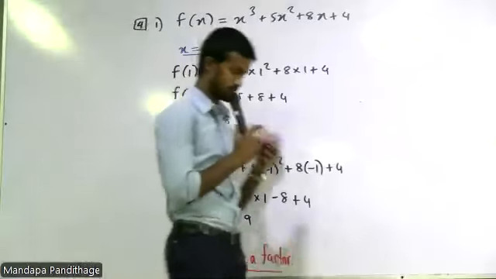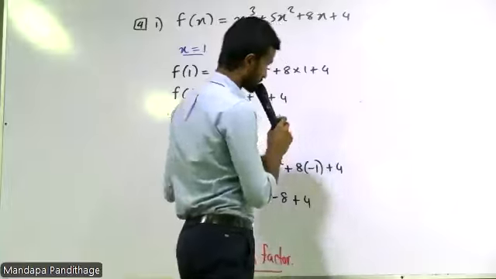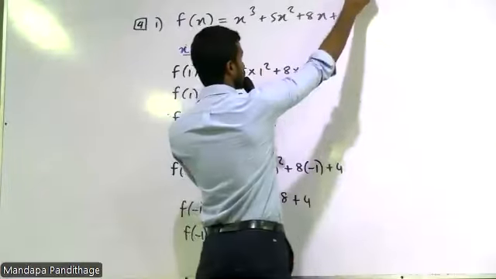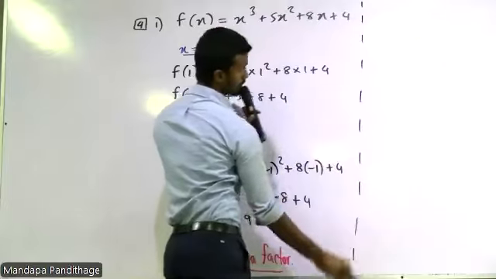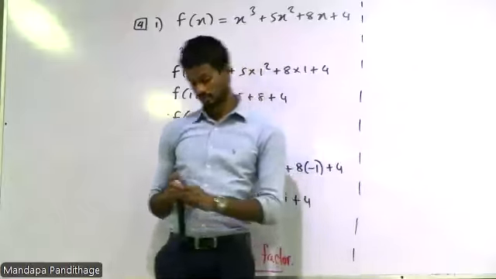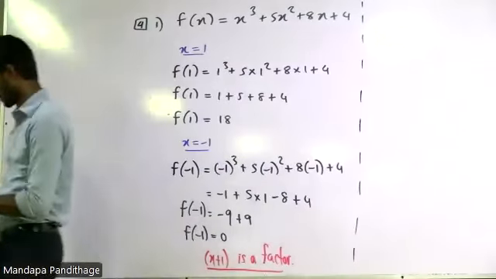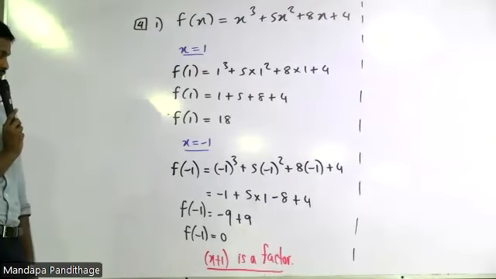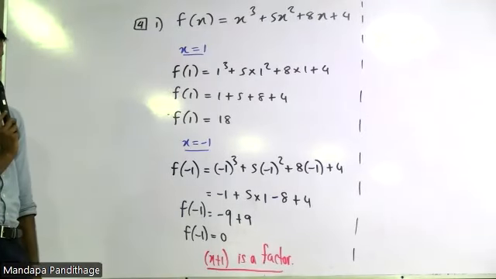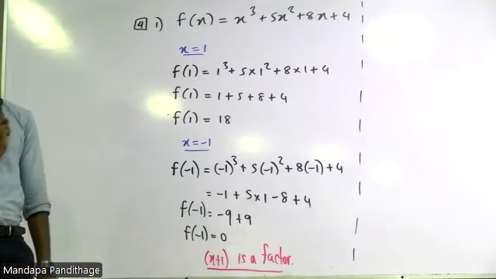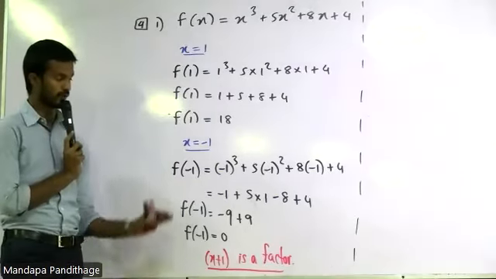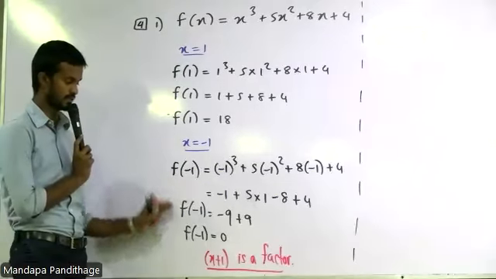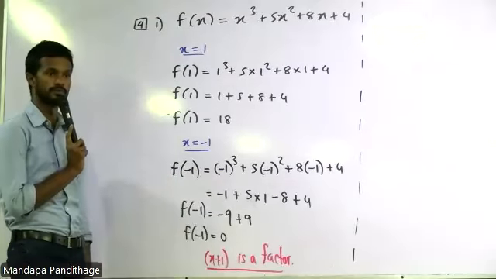Only question number 1. So you get x plus 1 is a factor. That is the first step: you need to find the x value such that this is equal to 0.